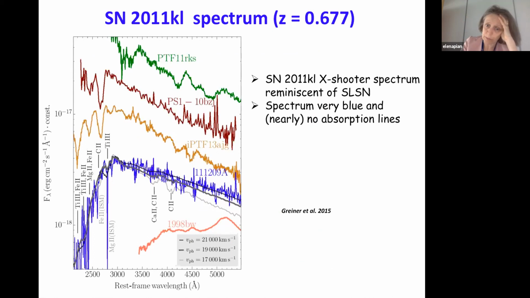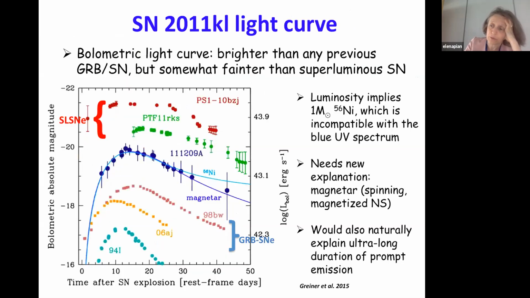These superluminous supernovae are a subgroup of supernovae that has been relatively recently detected. They are truly superluminous, much more luminous than core collapse supernovae, or than regular supernovae for that matter. And this supernova 11kl, associated with this ultra long gamma ray burst, is more similar to those superluminous supernovae than to gamma ray burst supernovae as we knew them before.